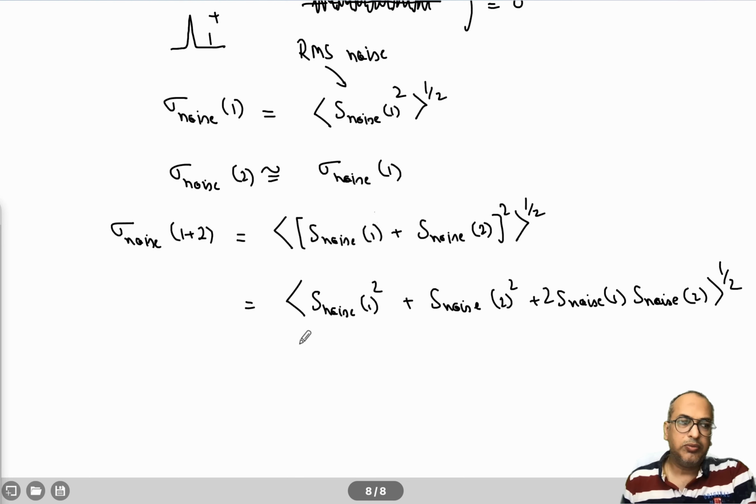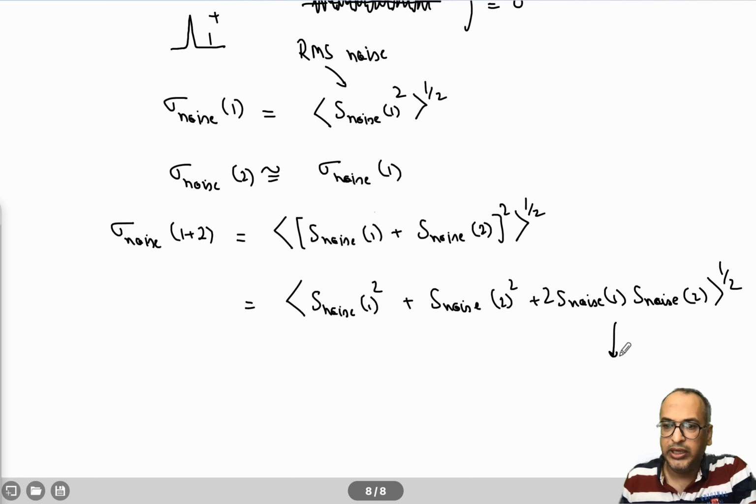So now we also have to realize that the noise is uncorrelated between two experiments because noise is random. If you want to calculate the correlation coefficient between the noise, it should come out to be uncorrelated. So there is no correlation between the noise in the first experiment and the noise in the second experiment.